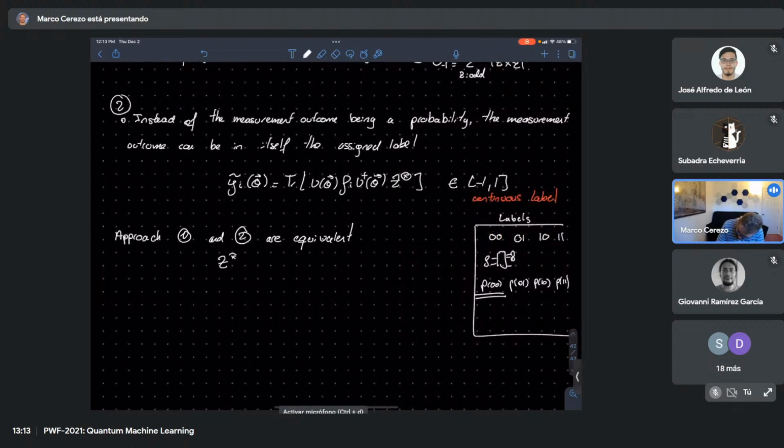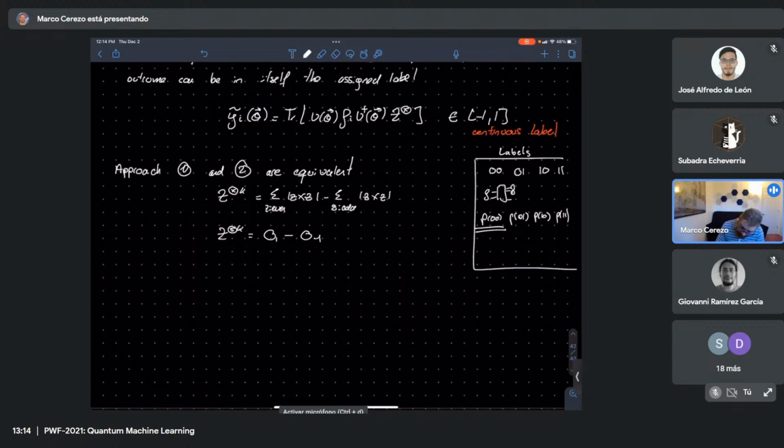Because you can prove that z to the k is just equal to a summation over z even minus a summation over z odd, which means that z to the k is equal to O1 minus O minus 1, right?